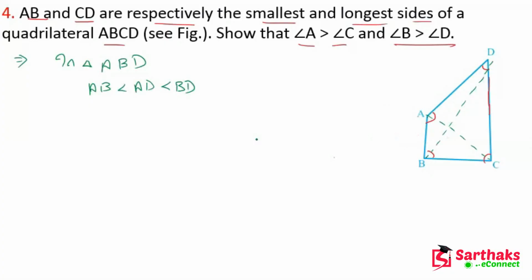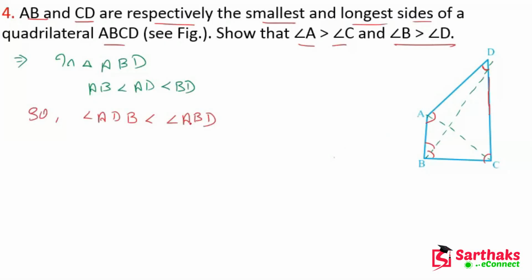BD is the largest side. So we can write angle ADB, this angle, is less than angle ABD, this angle.